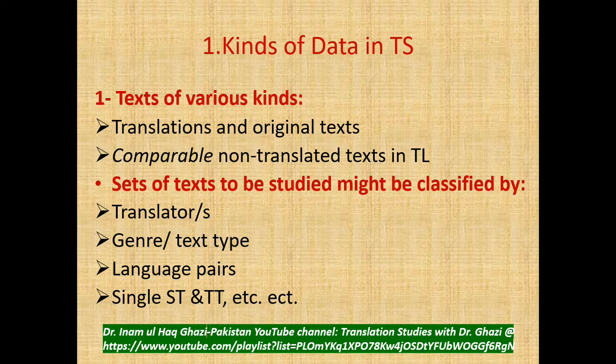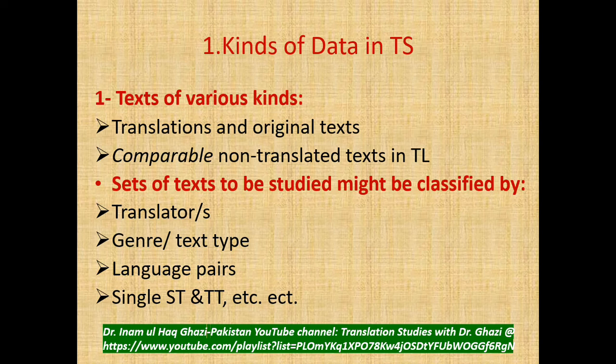Sets of texts to be studied might be classified by the translators, that is, what are the texts translated by a particular translator, or they can also be classified according to genre or text type, such as literary texts, religious texts, and so on, and language pairs, or a single source text and target text, or a single source text and two or three target texts, and so on.